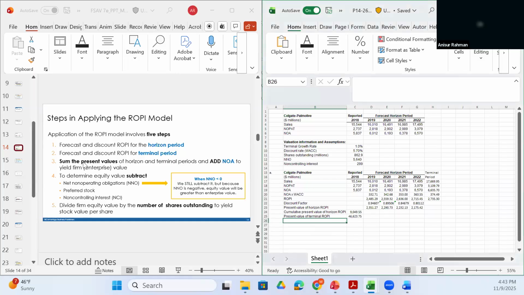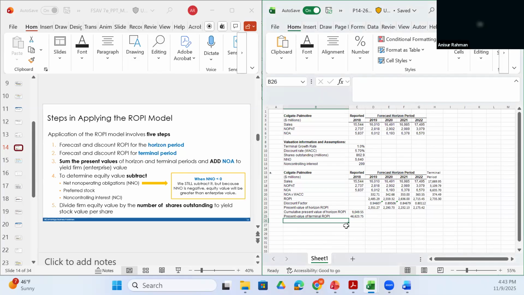So now the third step, sum the present values of horizon and terminal periods and add net operating assets to yield the firm enterprise value. So I have the present value of horizon ROPI and the terminal ROPI.